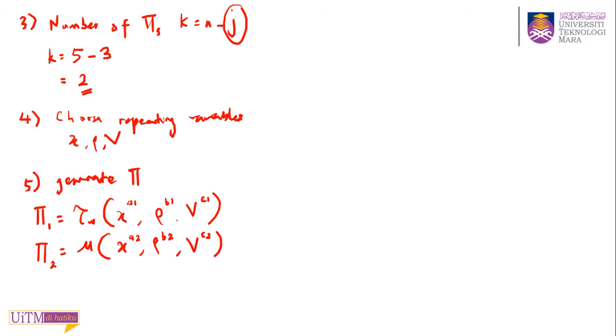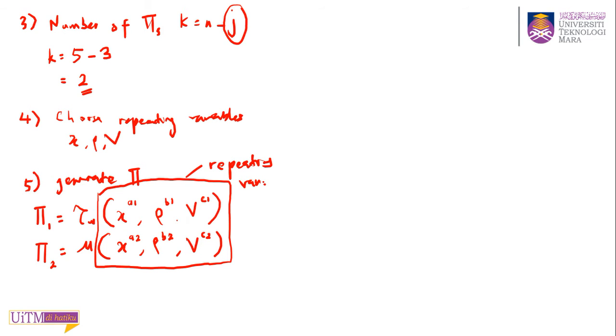Okay, so you will find the A, B and C, A1, B1, C1 and also A2, B2 and C2. Okay, so this part is your repeating variable, and this part, the tau and the mu, this is the non-repeating variable.